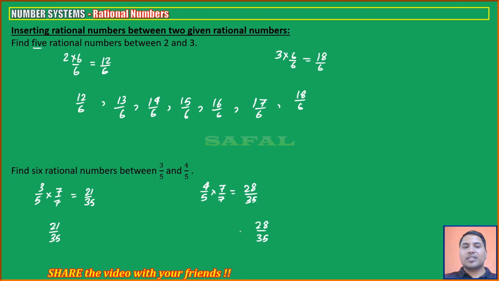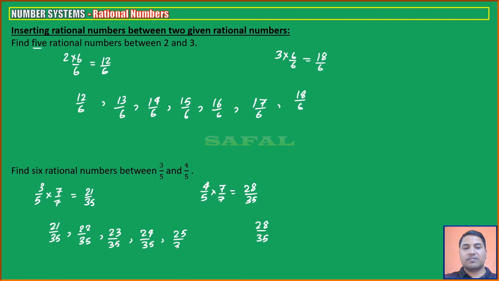So the same process again we can follow. Retain the denominator as it is, and increment the numerator by 1. So 22 by 35, 23 by 35, 24 by 35, 25 by 35, 26 by 35 and 27 by 35.